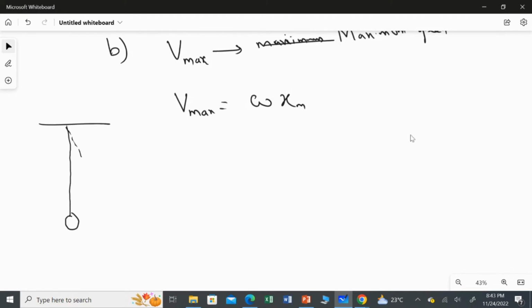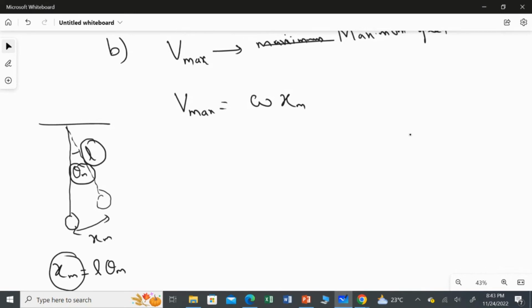When it comes to this place, with respect to a small angle theta m, it has traveled a distance of xm, right? And this is the length of the pendulum. By that we can easily find the value of xm by using the arc rule, L multiplied by theta m, right? This value multiplied by this value gives the answer for the amplitude, right?